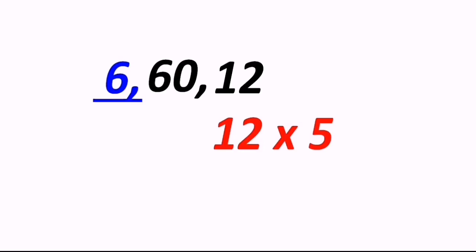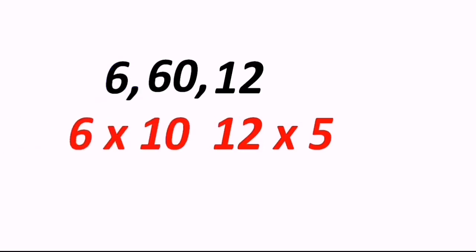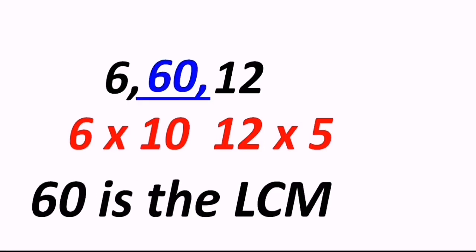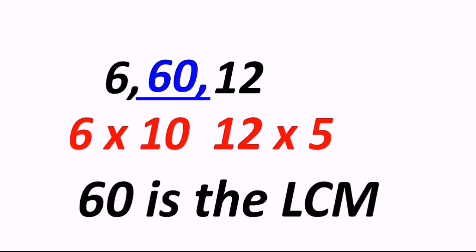So for 12 we already know it is present, and for 6 also, 6 10s are 60, and that makes 60 the LCM for all three of them. Okay, I hope I made it very clear to you all. The basic concept is what we require: the smallest number's table. If the biggest number is present in the smallest number's table, if there are two numbers, then the biggest number becomes the LCM and the smallest number becomes the GCD or the HCF.